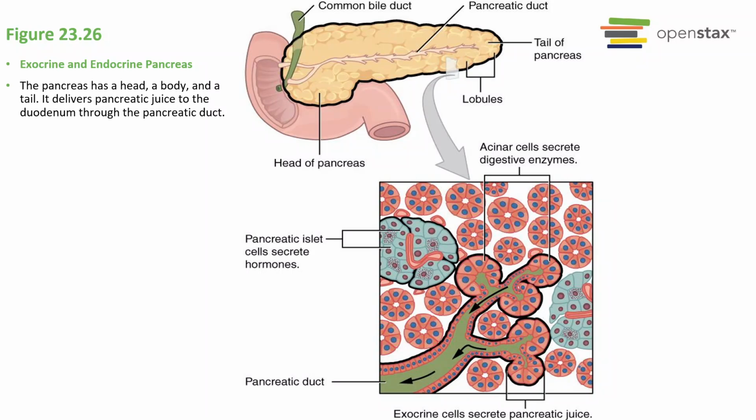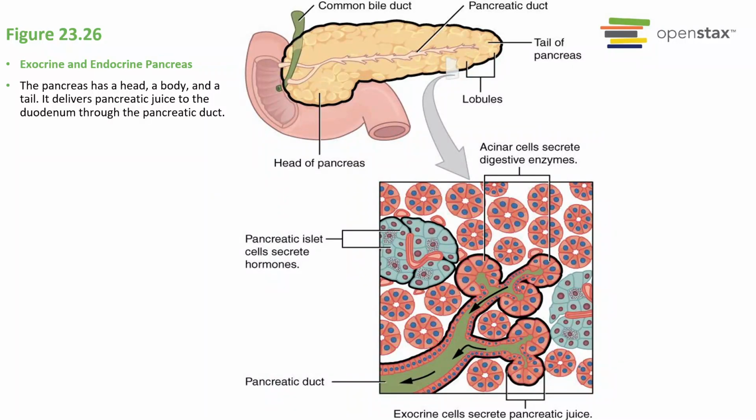When it comes down to differentiating the exocrine versus endocrine functions of the pancreas, I will first define the exocrine functions of the pancreas. Notably, pancreatic juices, which contain bicarbonate and digestive enzymes, are produced and released by the acinar cells, which are shown on the screen in the enlarged figure.